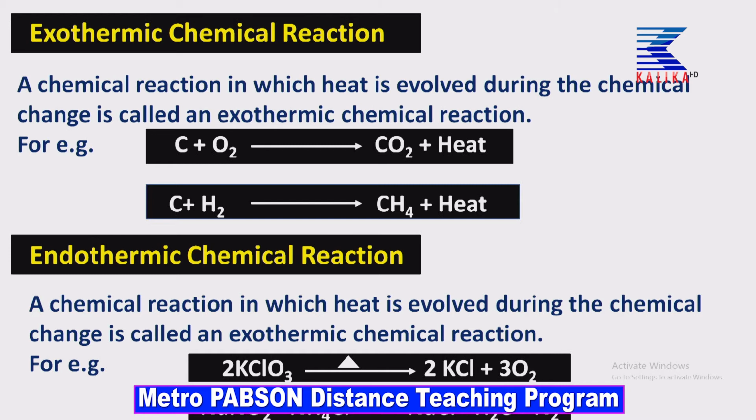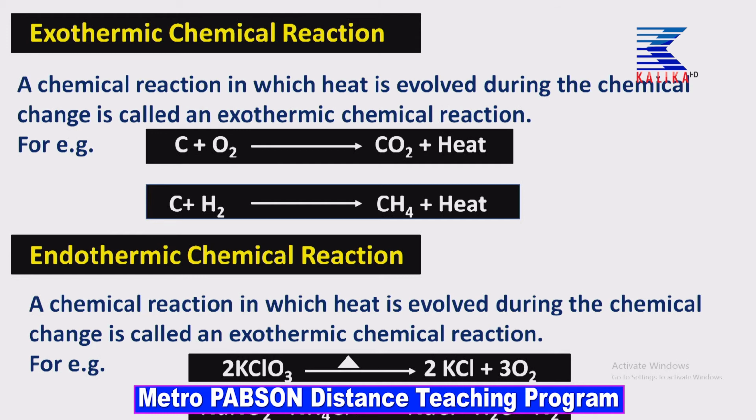Likewise, one more example is given down. When carbon is reacted with hydrogen gas, it forms methane along with the production of heat energy, which is why it is also called an exothermic chemical reaction. Likewise, endothermic means, just down there, the next topic. Endothermic is just the opposite of exothermic chemical reaction. In an endothermic chemical reaction, you need to supply some amount of heat energy which would break down the given reactant into product molecules.